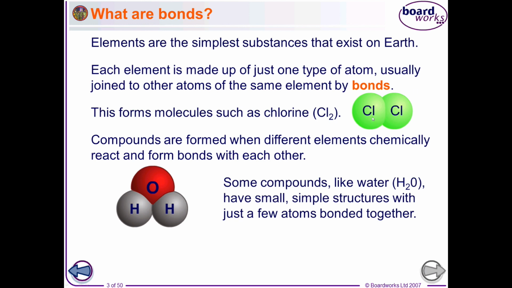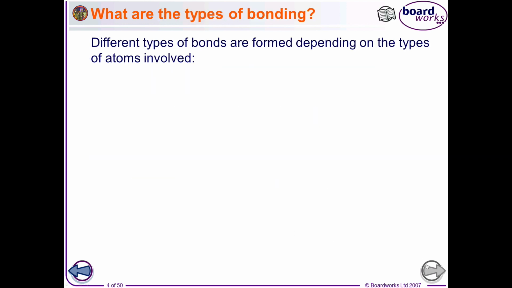So, for example, in the chlorine molecule that we've got here, the 2 chlorine atoms are joined together to make a chlorine molecule by a chemical bond. Again, in this bottom example, the 2 atoms, the O and the H, are joined together by a chemical bond as well. So different types of bonds are formed depending on the types of atoms involved.